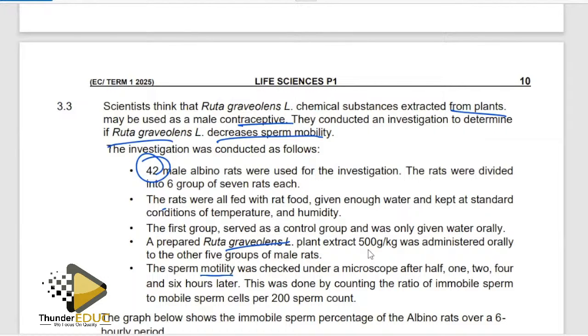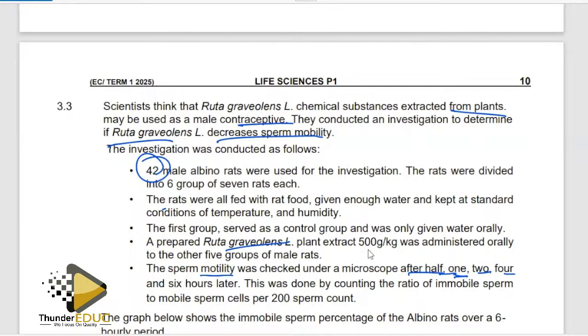Was checked under a microscope after half an hour, 1 hour, 2 hours and 4 hours, 6 hours later.